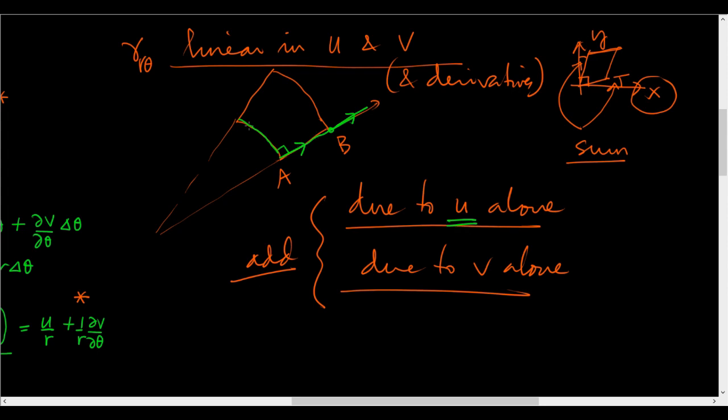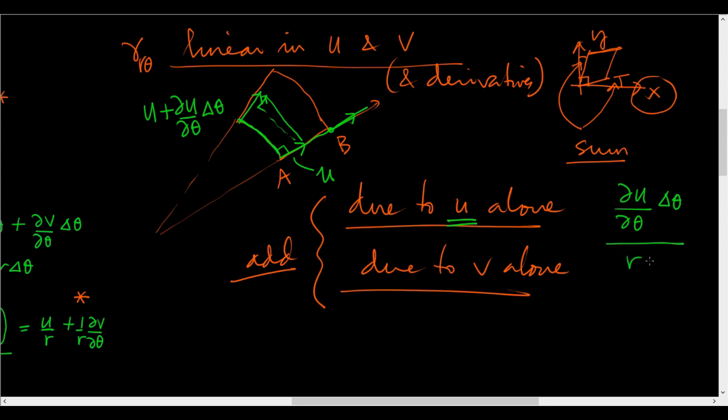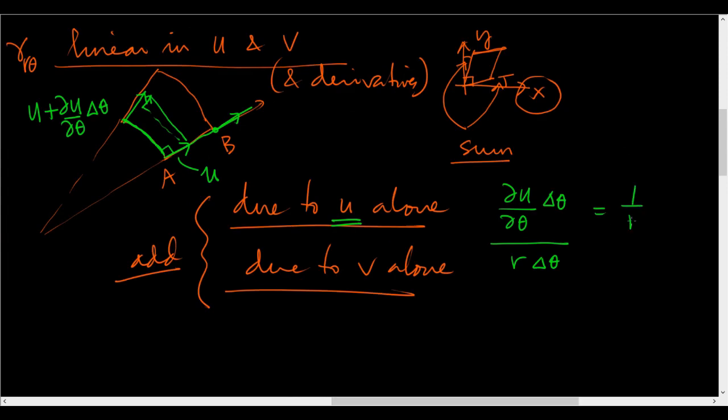This angle does change because over here this one is u, and over here this one is u plus del u del theta delta theta, and therefore the angle is the excess of that over this, so we get del u del theta delta theta divided by this arc length, which is r delta theta, and so we have 1 by r del u del theta.